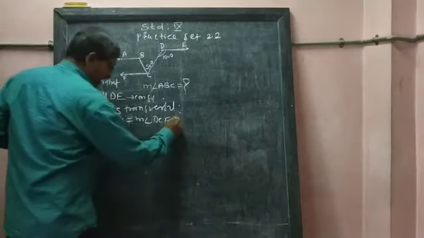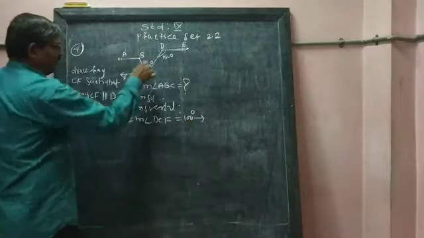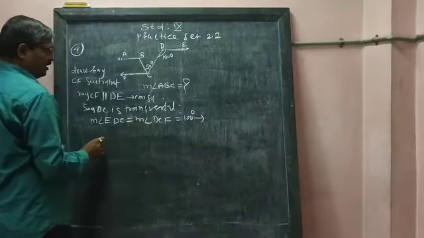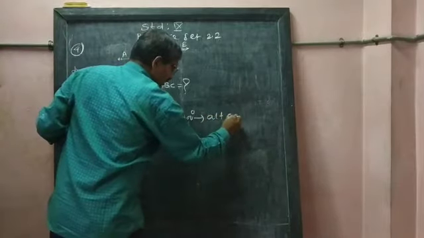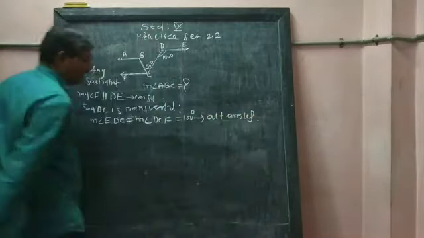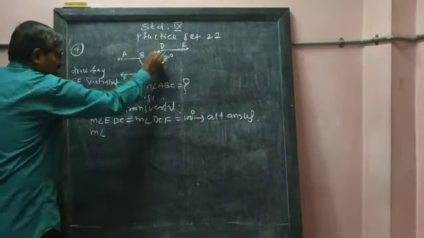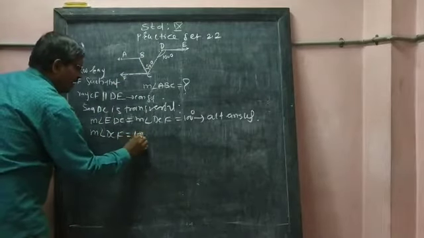Its reason is that these two angles are alternate angles, and if EDC is 100, then DCF is also 100. Alternate angles, I am writing here, alternate angles. That is the reason. Therefore, measure of angle DCF is equal to 100 degrees.